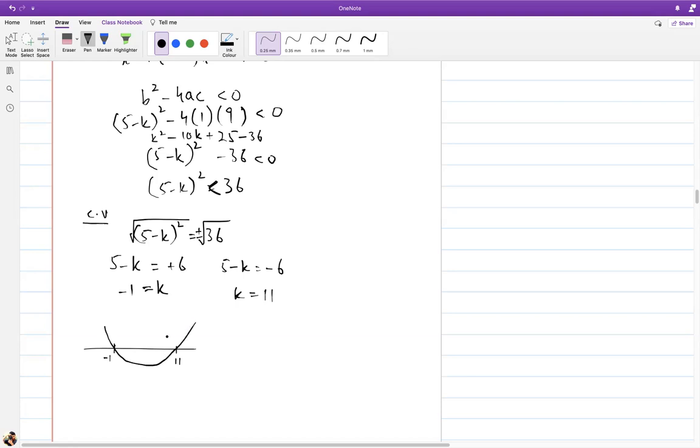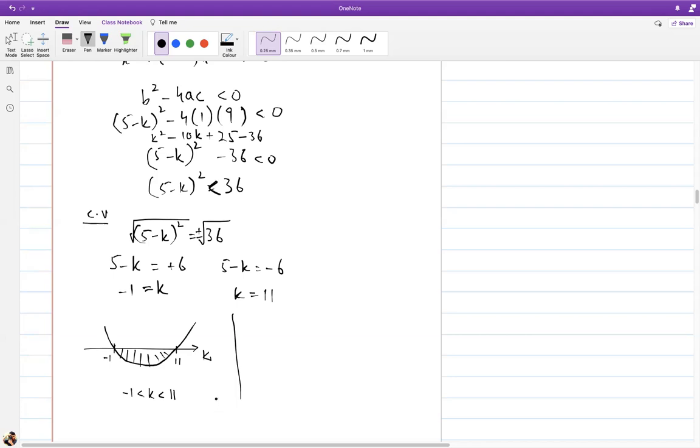And when is this thing less than 0? When is that curve below the x-axis? When k is between minus 1 and 11. Remember, this is your values of k. So my curve is below the x-axis for this region. So I'll be like, okay, that's my answer.